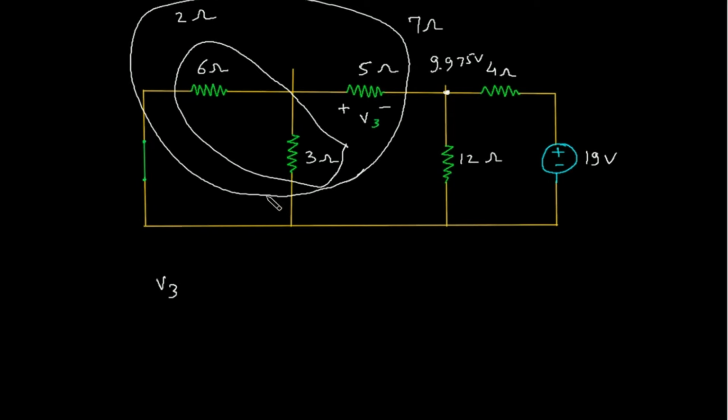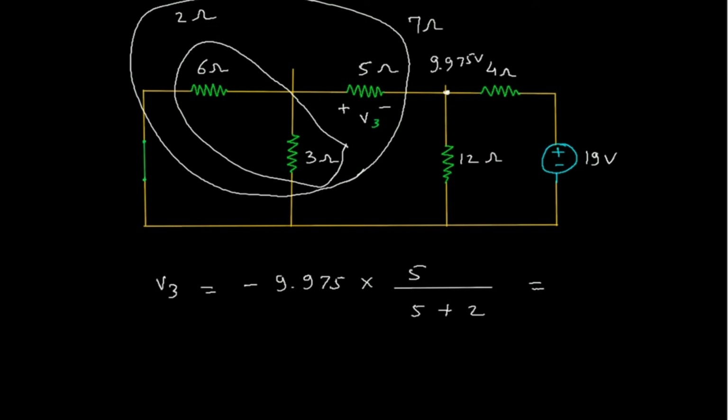V3 is equal to this voltage, but the polarity is opposite, so this will be minus 9.975 into this resistance, which is 5 ohm, divided by 5 plus this series resistance, which is 2 ohm.